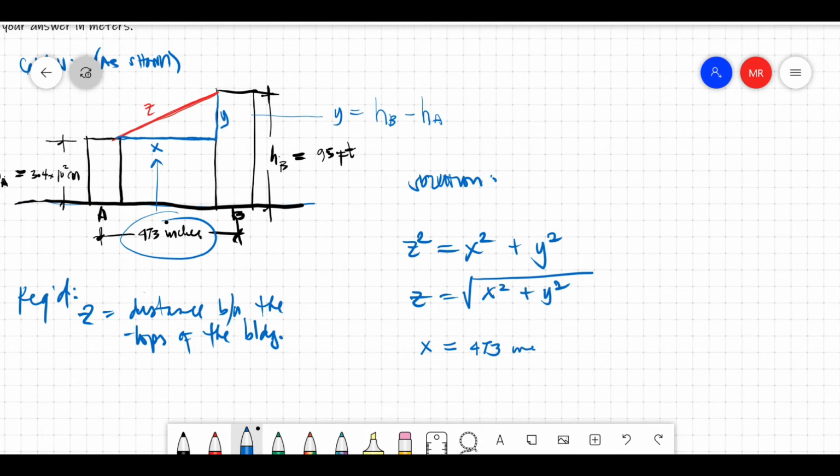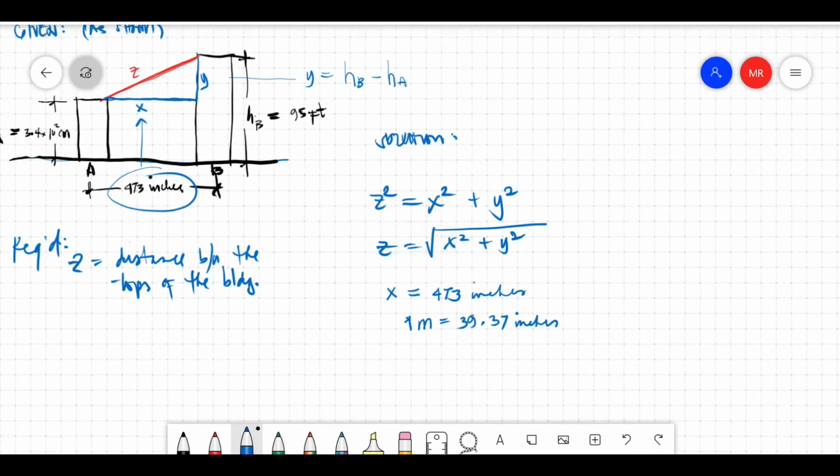How much in meters is 473 inches? 1 meter is approximately 39.37 inches. So for X, let's convert: 473 inches times 1 meter over 39.37 inches.